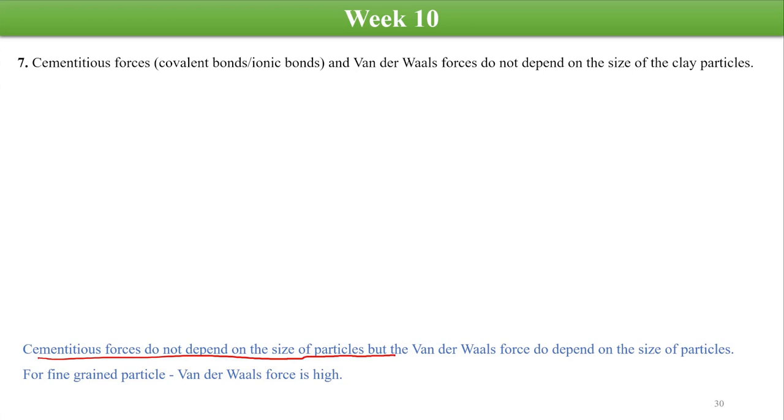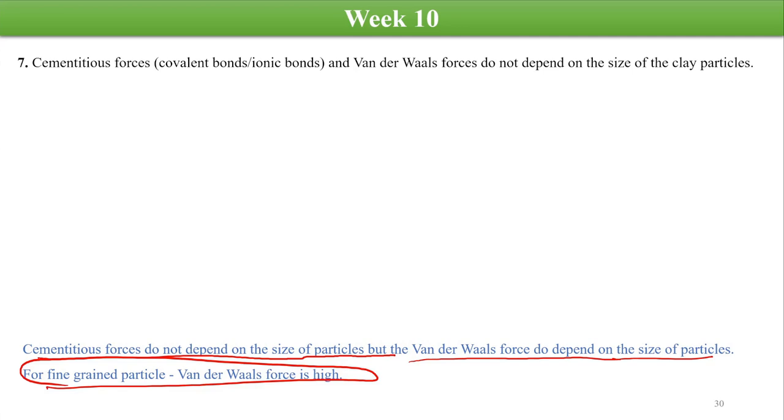But van der Waals forces basically depend on the size of the particles, as for fine grained particles the van der Waals forces are high. So this statement is not truly correct that cementitious as well as van der Waals forces do not depend on the size of the clay particle. Van der Waals forces are dependent on the size of the particles, and cementitious forces are independent of the size of the particles.